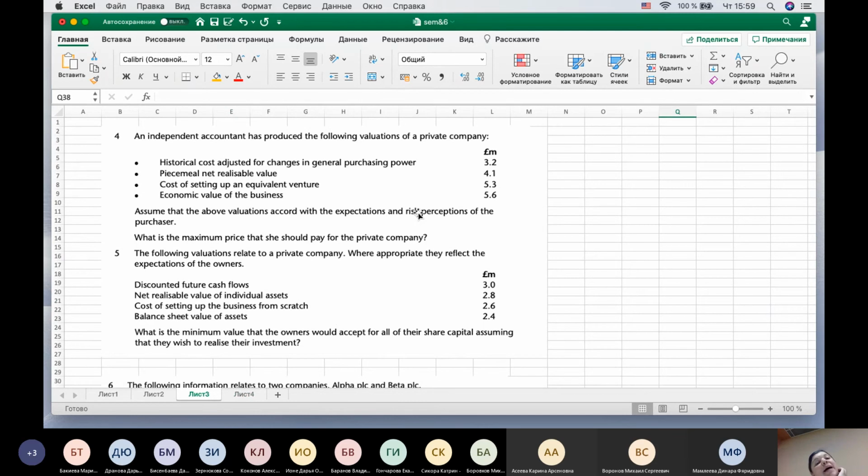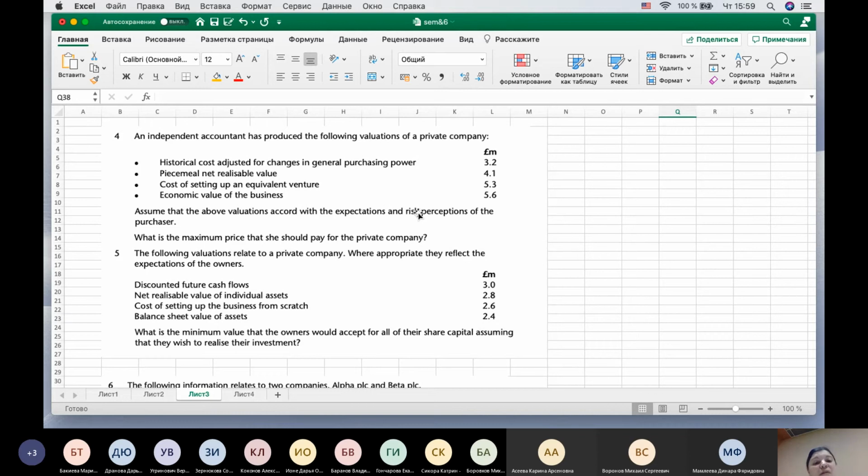An independent accountant has produced the following valuations of a private company. Historical cost adjusted for changes in general purchasing power, piecemeal net realizable value, cost of setting up an equivalent venture, economic value of the business, different meanings.